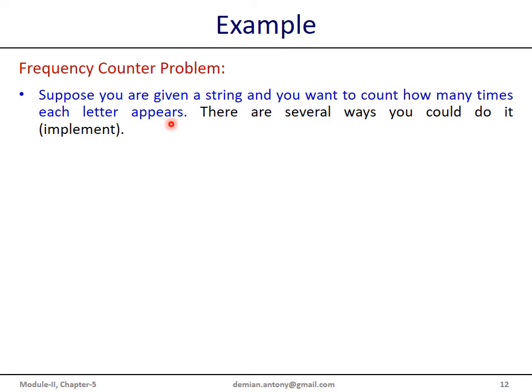This problem is also called a histogram problem in statistical terms, wherein we are going to come up with the count of frequencies of individual elements of a given set of data elements.